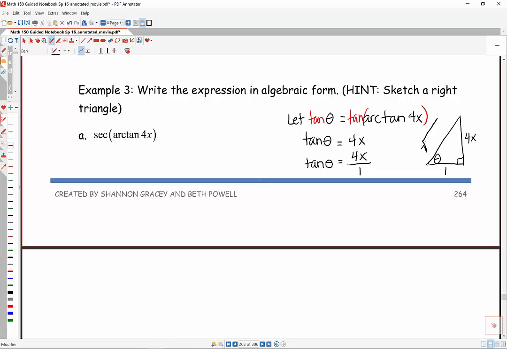So now we come over here and say this is equal to secant at theta. Well, the secant function is the hypotenuse over the side adjacent. So we would get the square root of 16x squared plus 1, over 1, which is equal to root 16x squared plus 1. And you're all done.